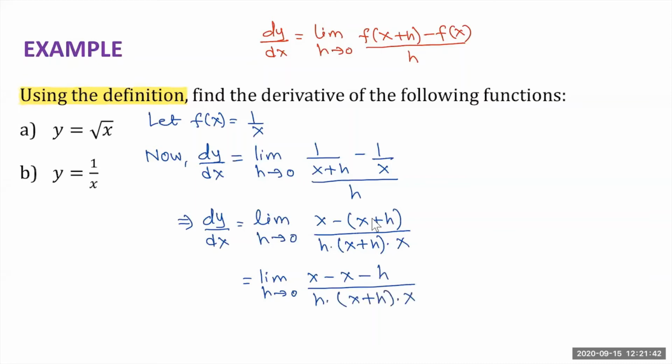In the numerator, you can see this x gets cancelled because one is positive, the other is negative. Then we have the limit as h approaches 0, in the numerator a negative h, and in the denominator h multiplied to x plus h multiplied to x. Now let's see what we get in the next step.